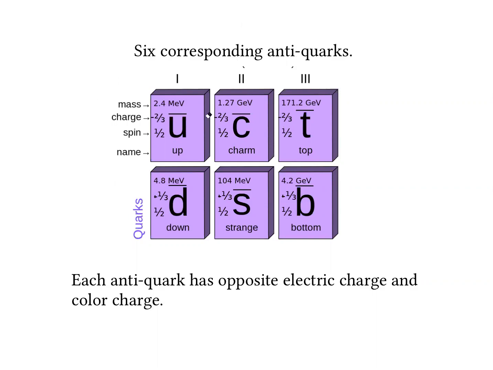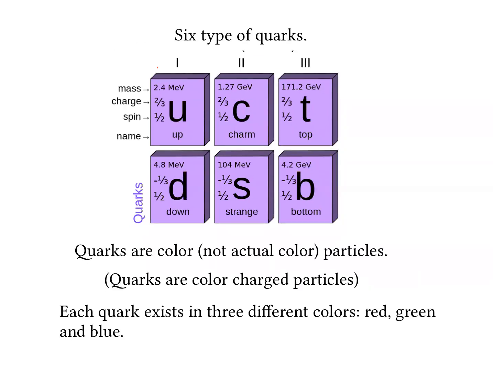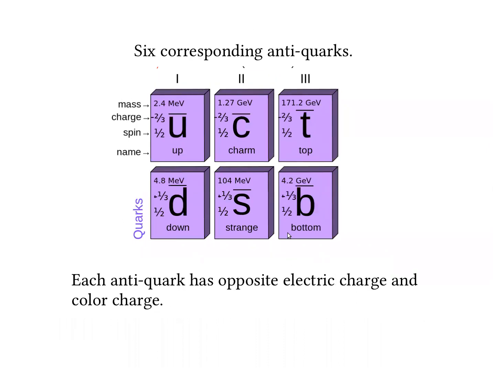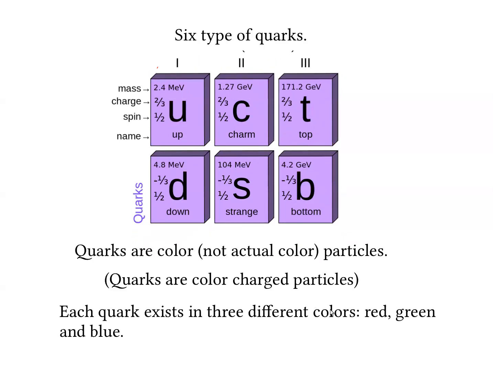Just to clarify, the color code is just for classification. Right, just a quantum number, just a name, just like up and down have nothing to do with up or down or beauty or charm. Similarly, this color code just gives a name, red, green, or blue.